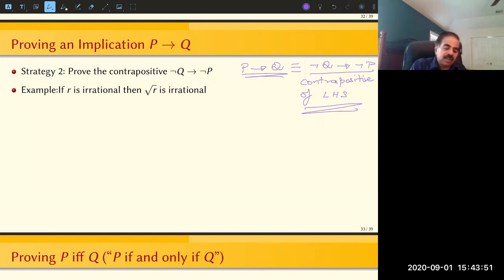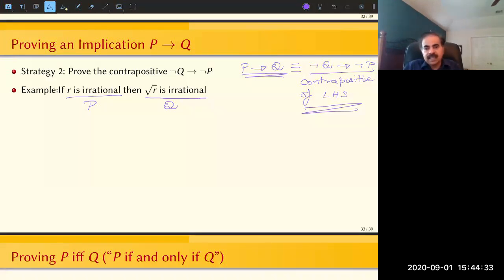If R is irrational, right? So R is irrational is our P, then square root R is irrational is Q. If you try the strategy from the previous slide, which is you assume P, you assume that R is irrational, and then from that you want to conclude that square root R is irrational, you'll be stuck, because there is not a whole lot you can do knowing that R is irrational, right?